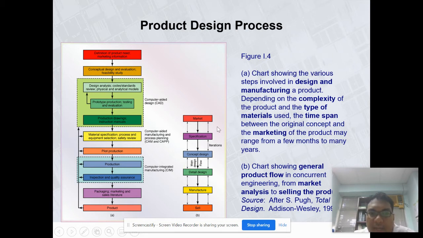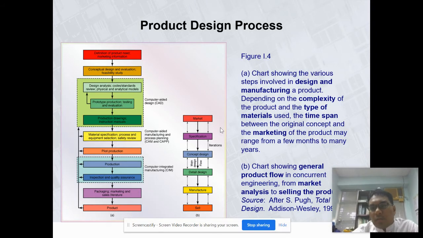So okay, let's say you are an engineer in Proton, for example, and of course your rival or your competitor is Perodua. So for the current vehicle C type, for example, the small one like the Iriz and MYVI. As an engineer, you have to know the latest version in the market, the demand in the market.